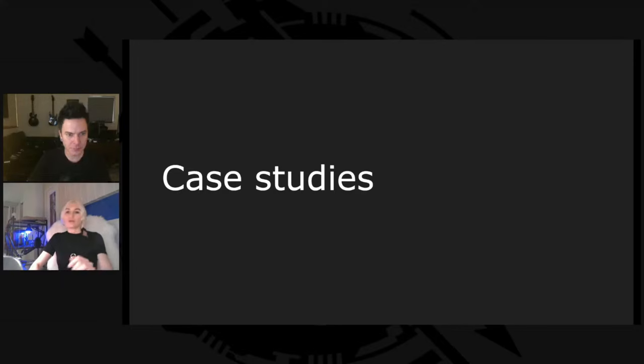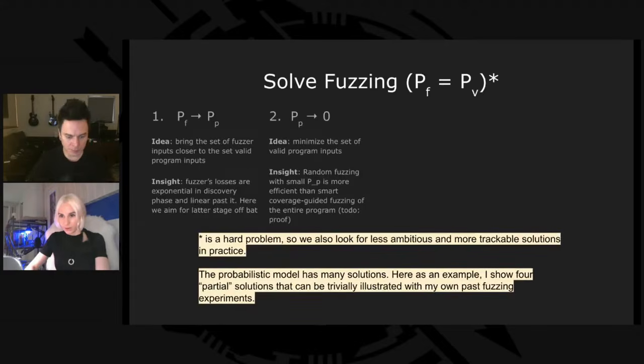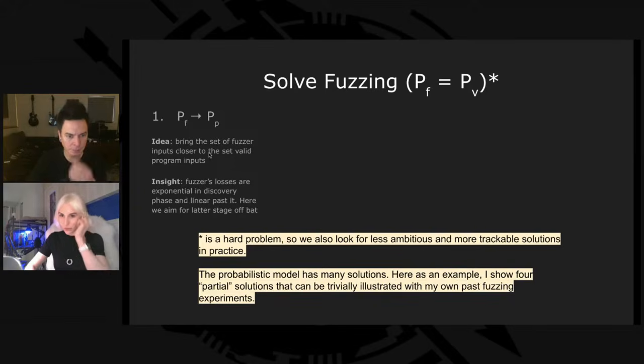Now I want to go through my previous case studies of vulnerabilities to illustrate the specific approaches that I showed here. So starting from the first approach: pull the probability distribution of fuzzing closer to the probability distribution of the program.